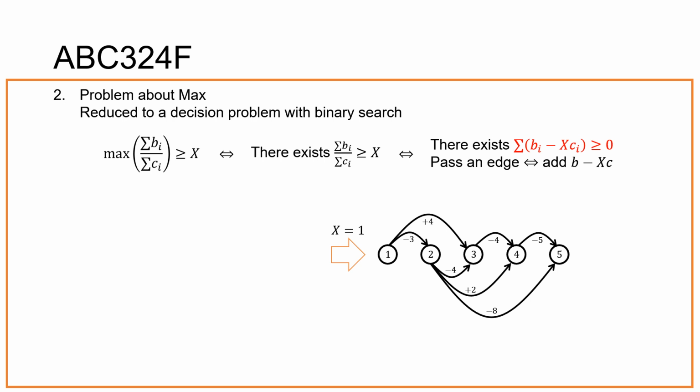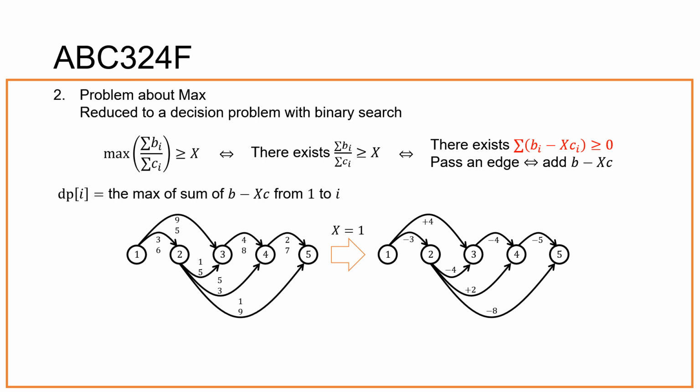Hence, we define dp of i as follows. And in this situation, passing an edge is equivalent to just adding b minus xc. So we define the weight of each edge as this value.